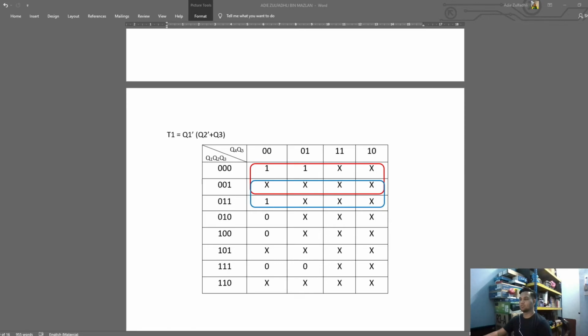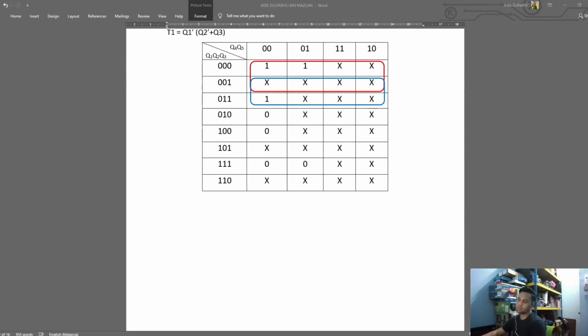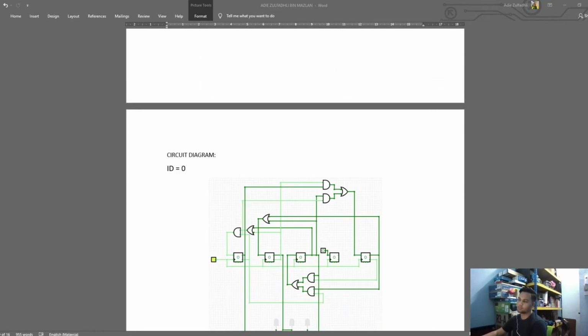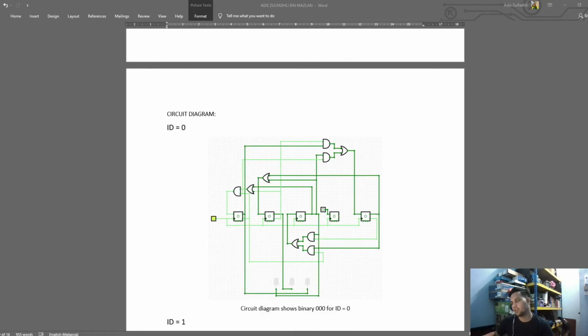Okay, this is Q2 bar Q1. This is Q2 bar plus Q3. Okay, so this is my circuit diagram for the D flip-flop.